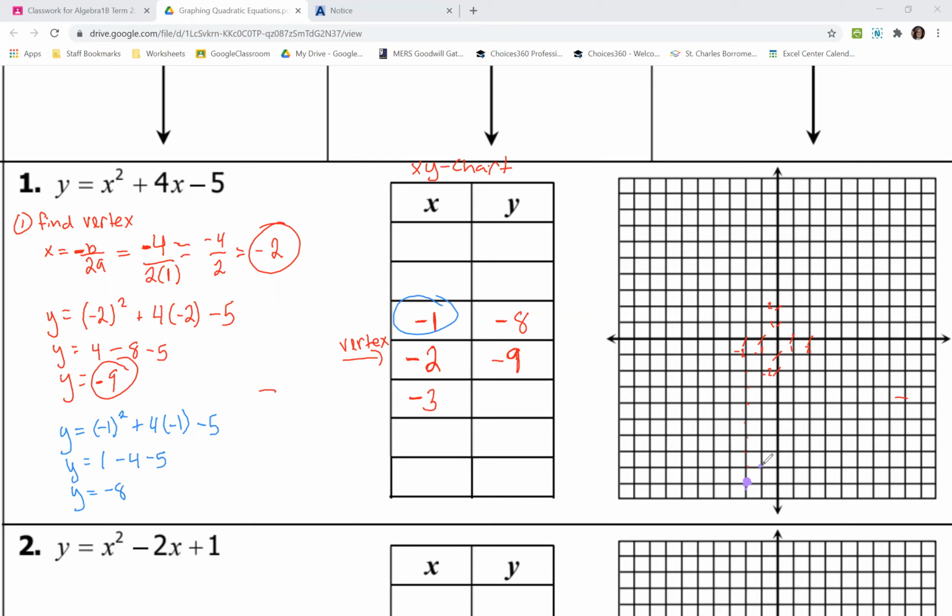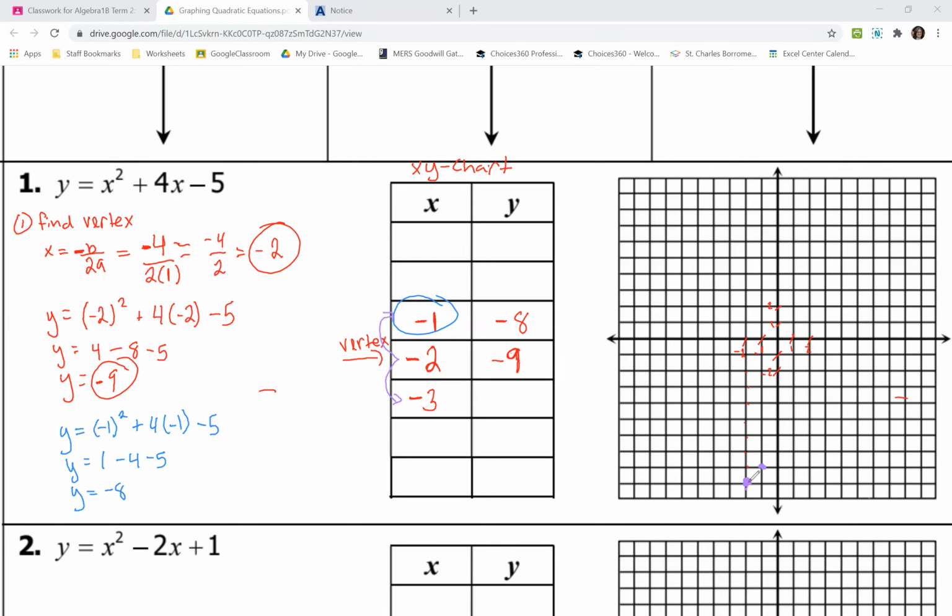Now, remember what I said about how the vertex lies on the axis of symmetry. Since negative 1 is just one step away from negative 2, and so is negative 3, I made it so that they were equal distance away from negative 2.